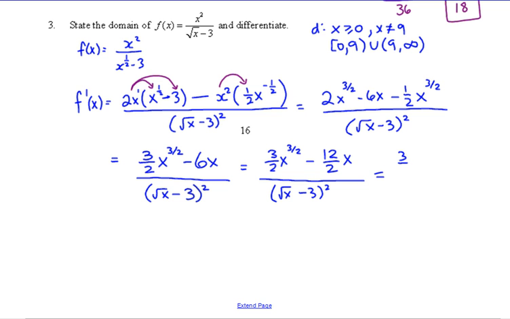So 3 over 2, what's the smallest power? x. We're going to factor out an x. Yay. Okay, so when I factor out an x from x to the 3 over 2, what are we doing? We were subtracting 1, right? A power of 1. 3 over 2 minus 1 is 1/2.